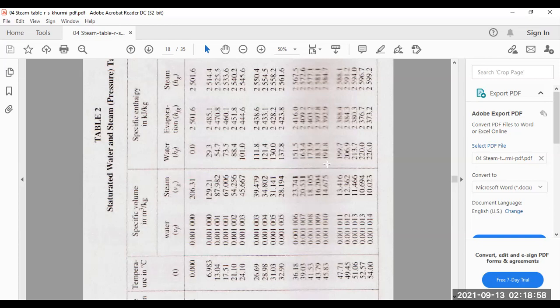Sorry, hf value we got 191.8, and hfg, this one is hfg, value is 2392.9. So we are going to note down this value. Now we will write down this value over here.